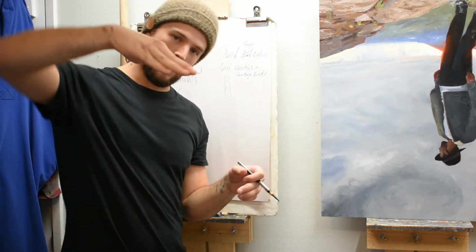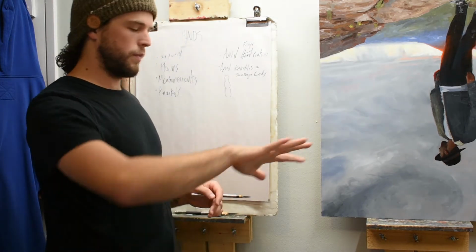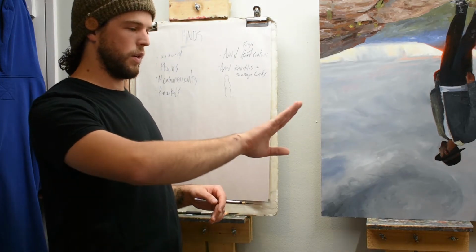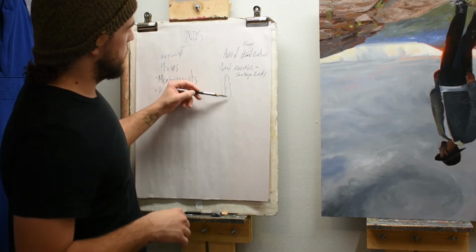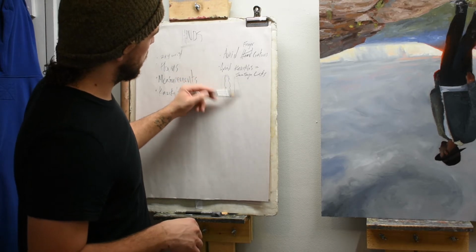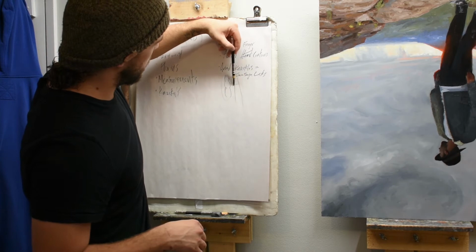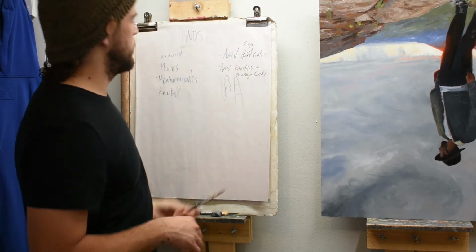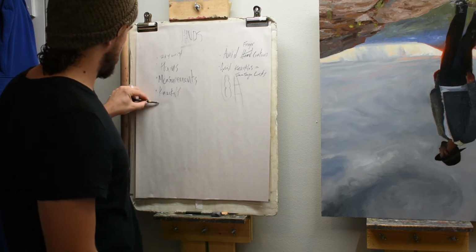There's a general taper happening here, and that will also help alleviate some of this effect. So we're going for more of a general taper of the finger, which then we can think about our knuckles like that. So taper.